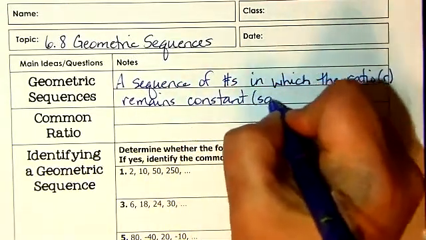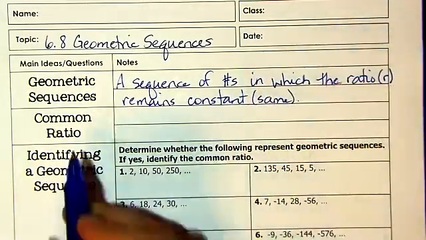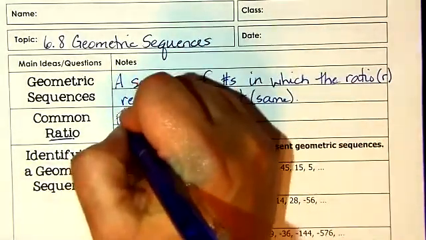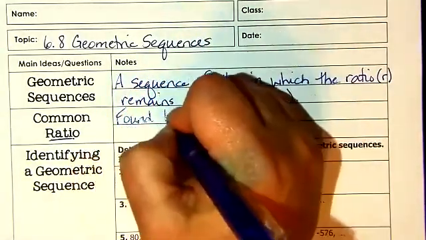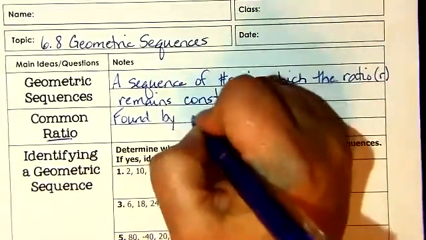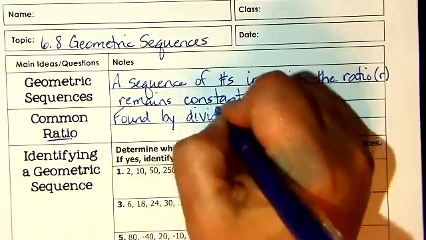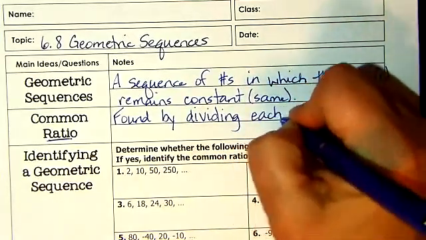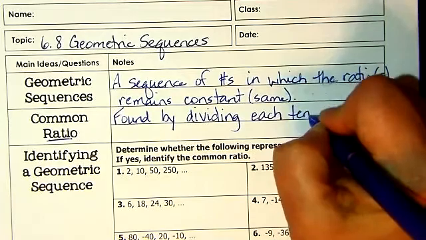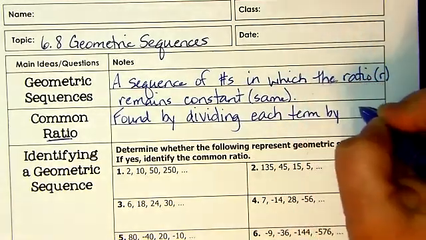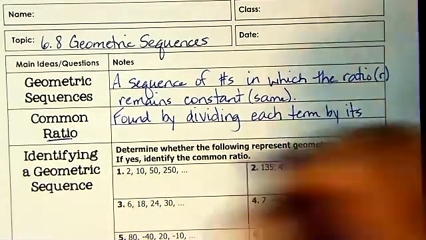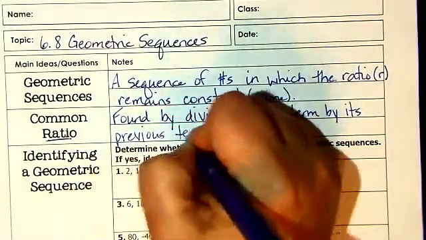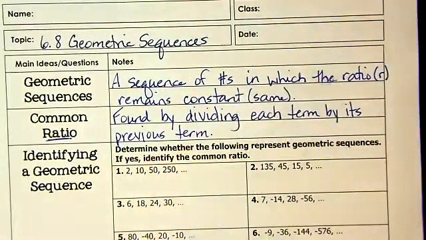Constant, which means the same. Now, what is that common ratio? The way we figure that out is it is found by dividing each term by its previous term. So let's see what that means.